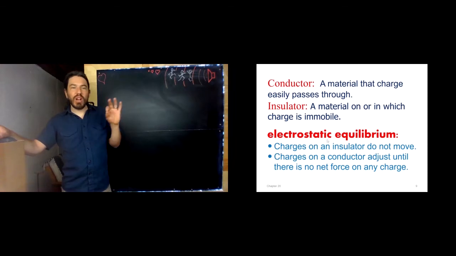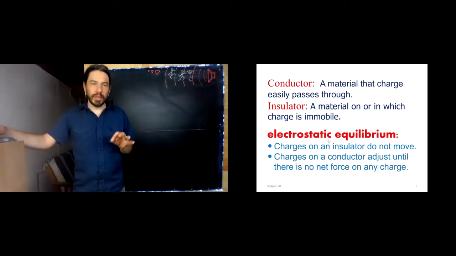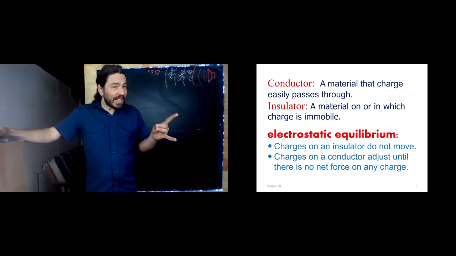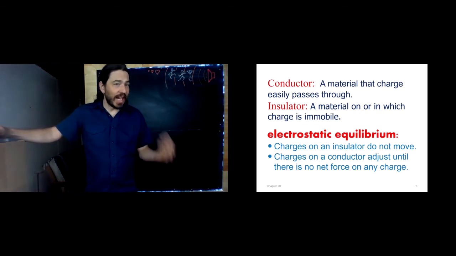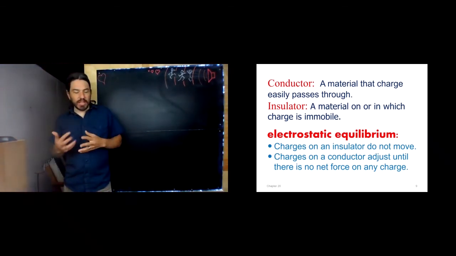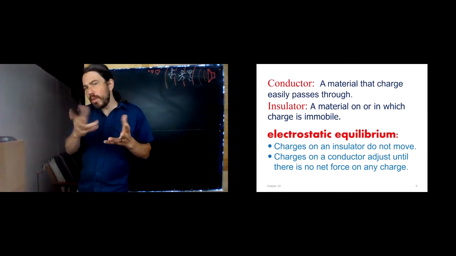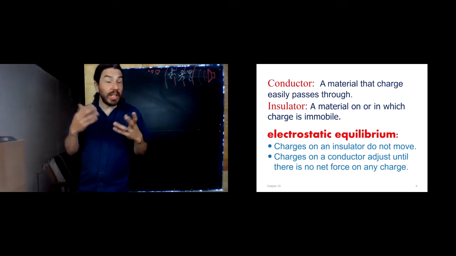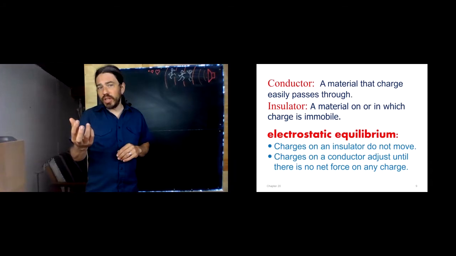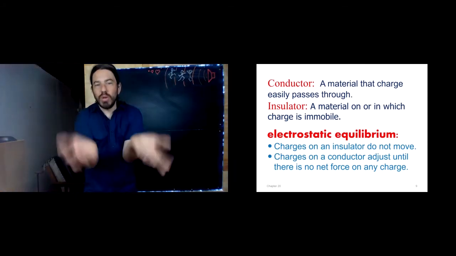Now, this chapter is all about electrostatic equilibrium. In other words, electrostatics, in other words, static electricity. In other words, charges that are not moving. Now, we might look at this and say, oh, well, yeah, but when you rubbed the balloon, didn't you move some charge? And the answer is absolutely yes. So we rubbed the balloon, we got it a little bit charged up, and then now we're talking about it.